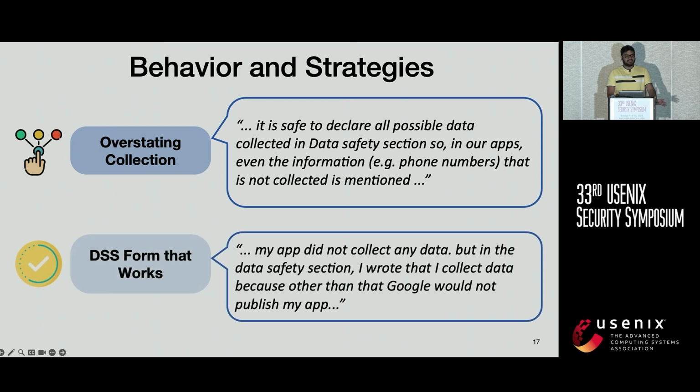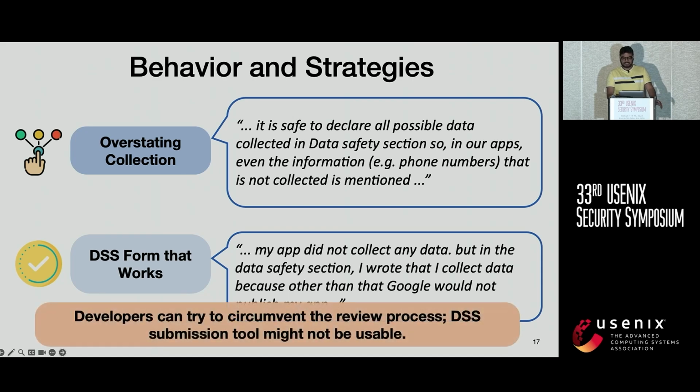Finally, if everything else fails, as a last resort, they just try random permutations and try to get it accepted, which is even worse. So developers can try to circumvent the review process by either over-reporting their practices or trying random combinations until the DSS is accepted, indicating that maybe the submission tool is not as usable.